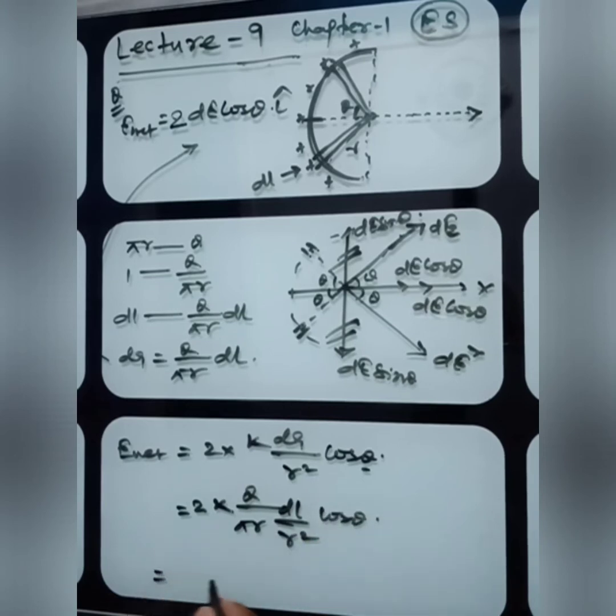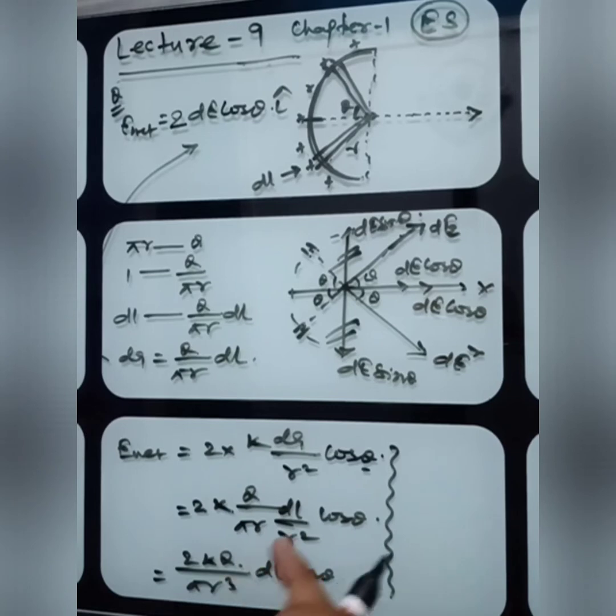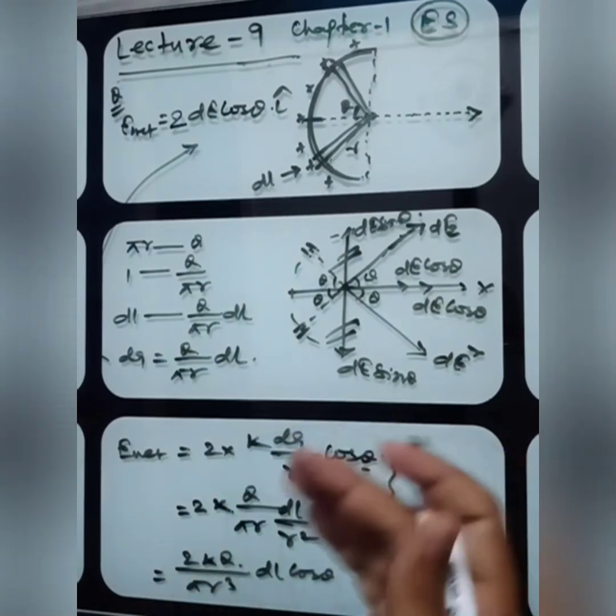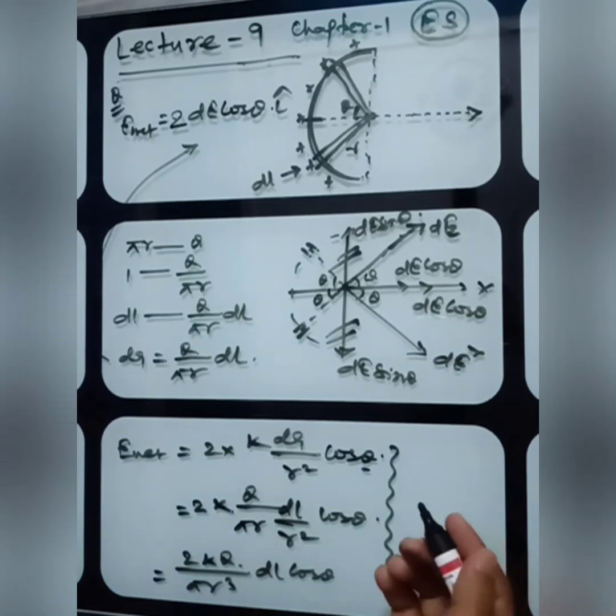Okay, now 2kq over pi r cube dl cos theta. Here two variables we are having, okay, dl and cos theta, and we cannot integrate an equation having two variables. So try to convert this equation in one variable. How?